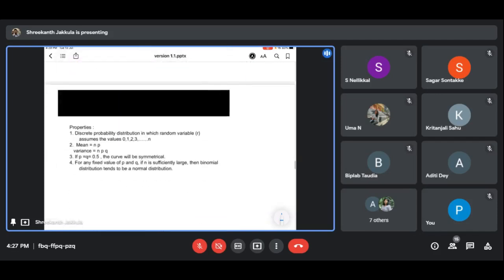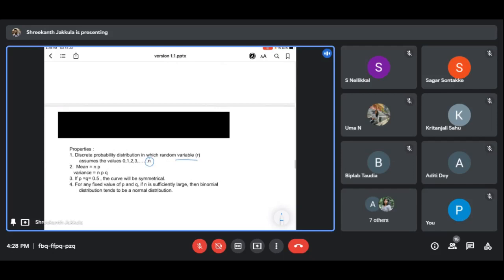The properties are that the random variable assumes values up to n. The formulas used in binomial distribution are: mean is equal to n into p, variance is n into p into q, and standard deviation is the square root of variance.